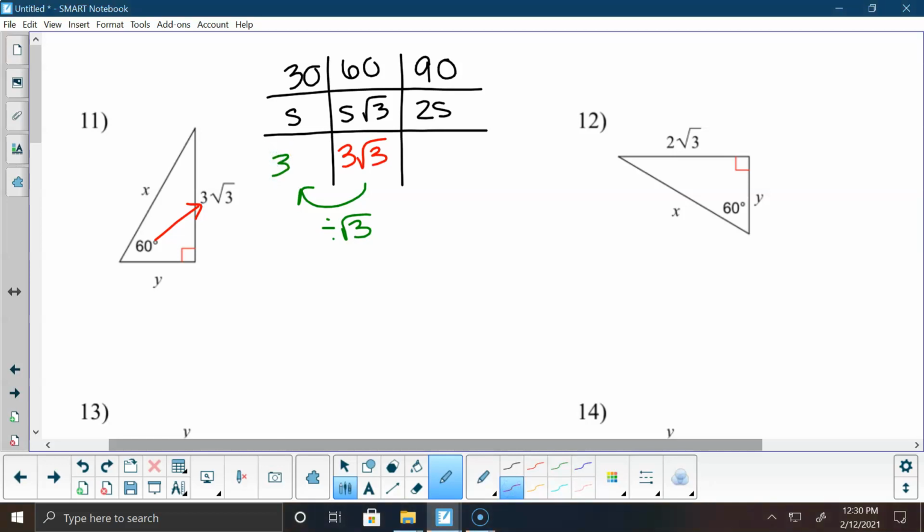Alright, and multiplied by 2, I get 6. Because across from 60 is S, plain old S times root 3. Whatever you're given, you want to always get back to your short side first.